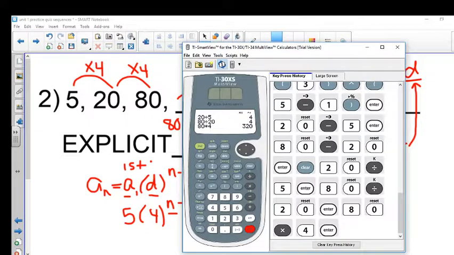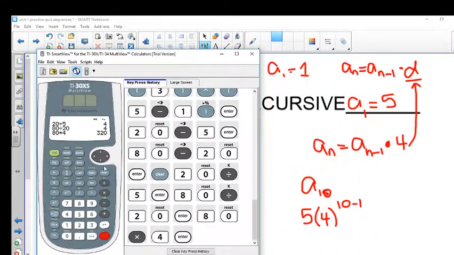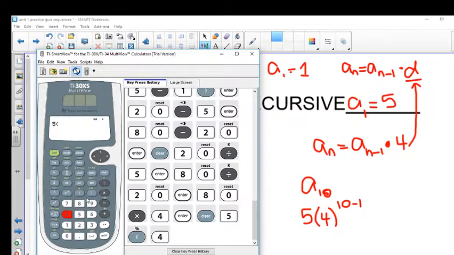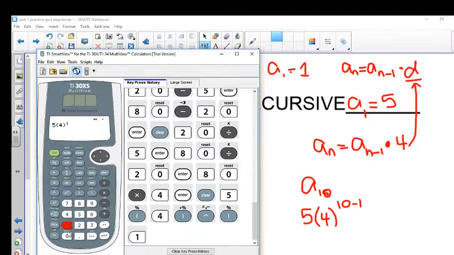And we're going to plug this in our calculators to get our 10th term. So let me clear this out. We got 5 parentheses 4 parentheses. And remember, this is the caret key. Puts it up here. Parentheses 10 minus 1. Close your parentheses.